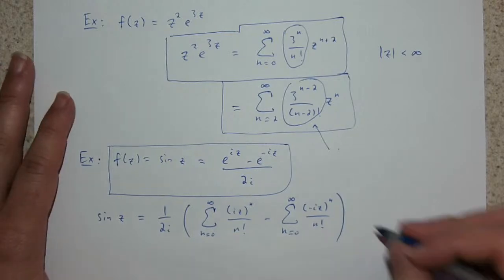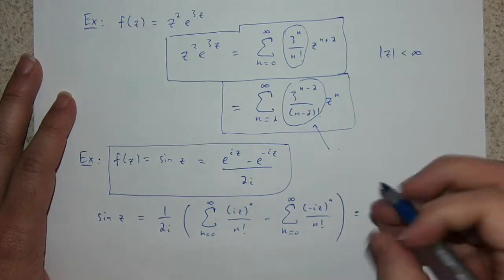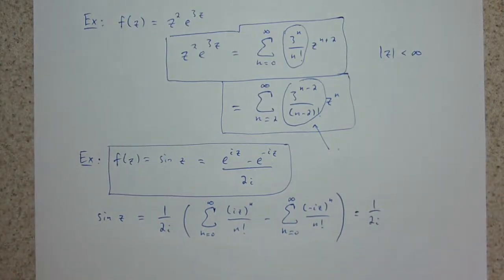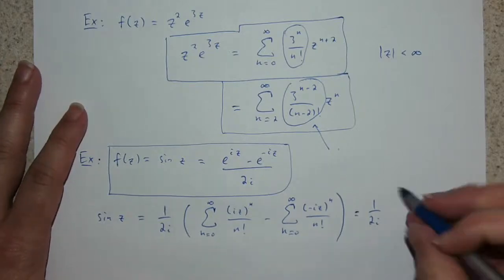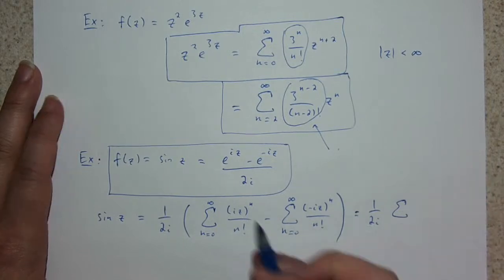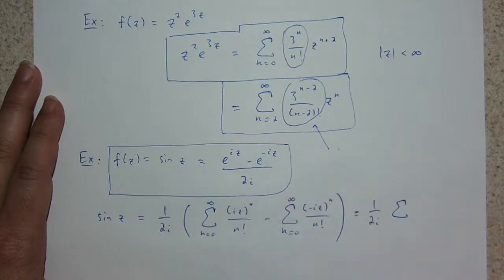But seeing it this way, we notice, oh, well, this is actually pretty easy to compute this way because this is 1 over 2i that's outside of those sums. And when I sum these things, I know that both of these sums converge everywhere because they're power series representations for e to the iz and e to the minus iz respectively.